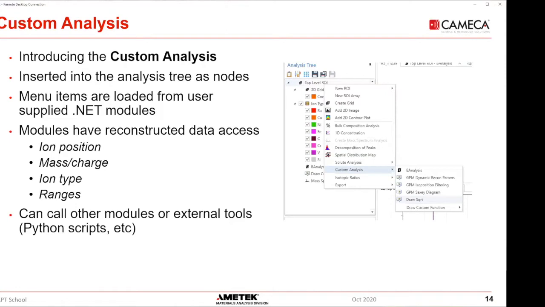It just goes in the tree, just like any other ROI, and you could add other analyses to that custom analysis node, just like you would any other ROI, and you could stack these various types of things on top of each other.